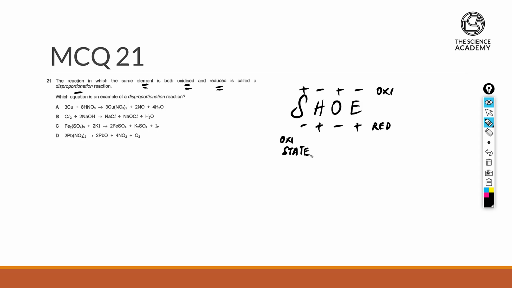So for each of the equations, we need to write it out and find the individual oxidation states. Now for the case of A, we're going to have 3 units of copper plus 8 nitric acid to give us copper nitrate plus 2 nitrogen monoxide plus 4 units of water itself. Copper is an element, oxidation state of 0.